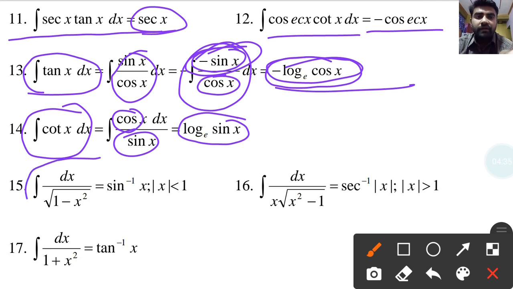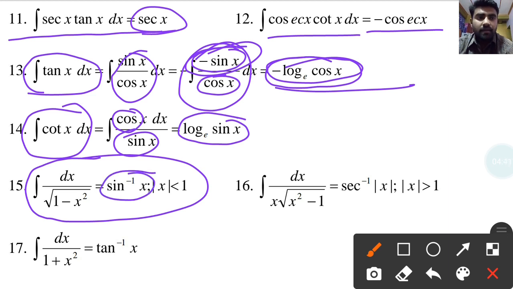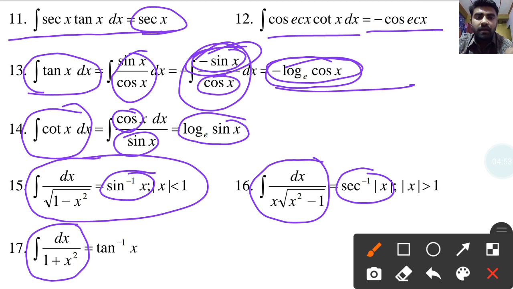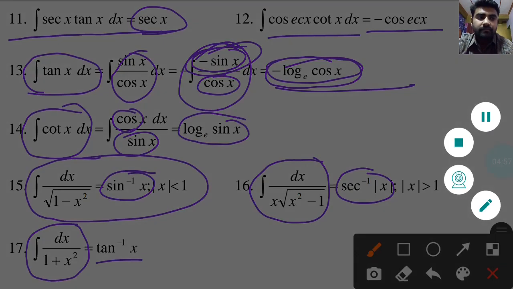Now integration of dx upon under root 1 minus x square, that is sin inverse x. Integration of dx upon x into under root x square minus 1, that is sec inverse x. Integration of dx upon 1 plus x square, so that is tan inverse x.